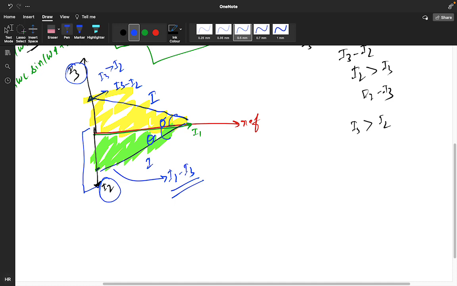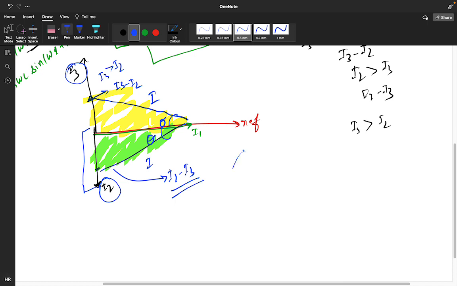Guys, clear? Guys, is this part clear? Yes, sir. So always you have to consider theta value with respect to the reference, right? Yeah. Always you have to consider with respect to reference only. Okay. So this was the concept of RLC.